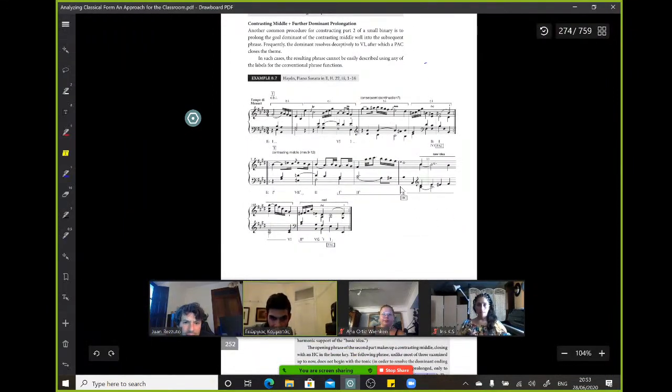So you need to pay attention, right? This example 8.7 is a deceptive resolution, okay? I will tell you where it is, the deceptive resolution. It is here, okay? Bar 14. Bar 14.